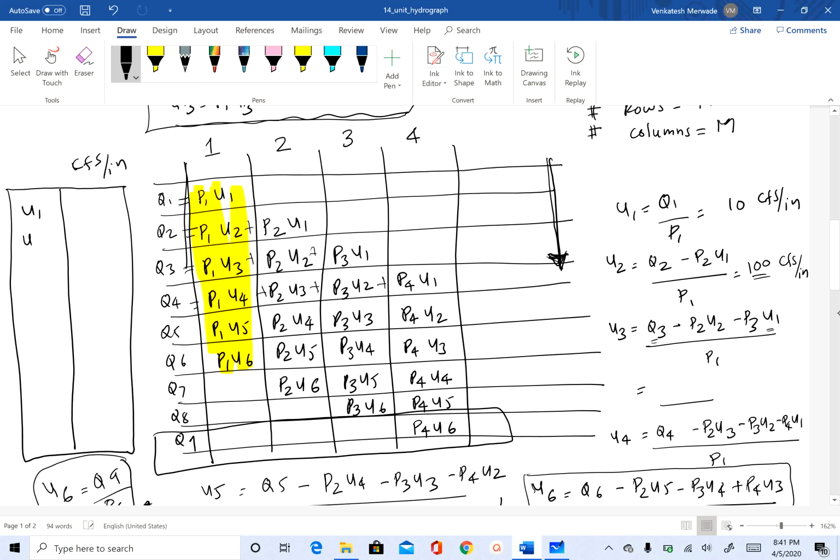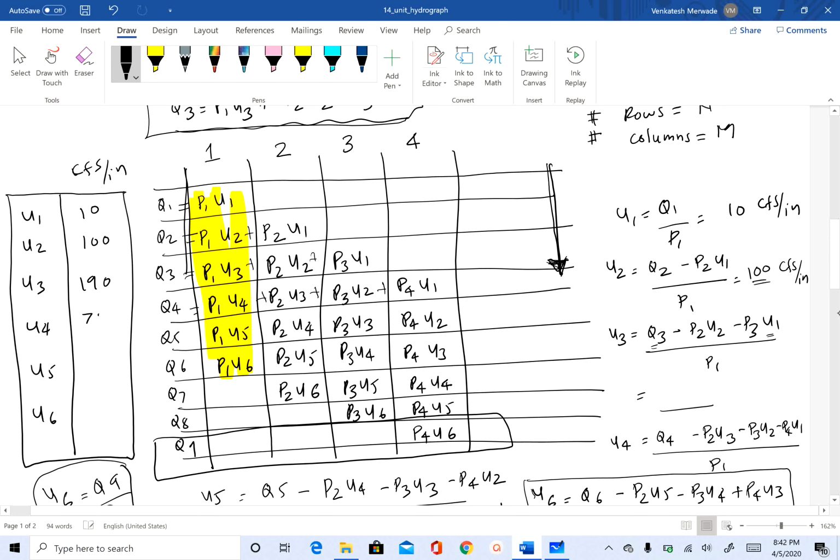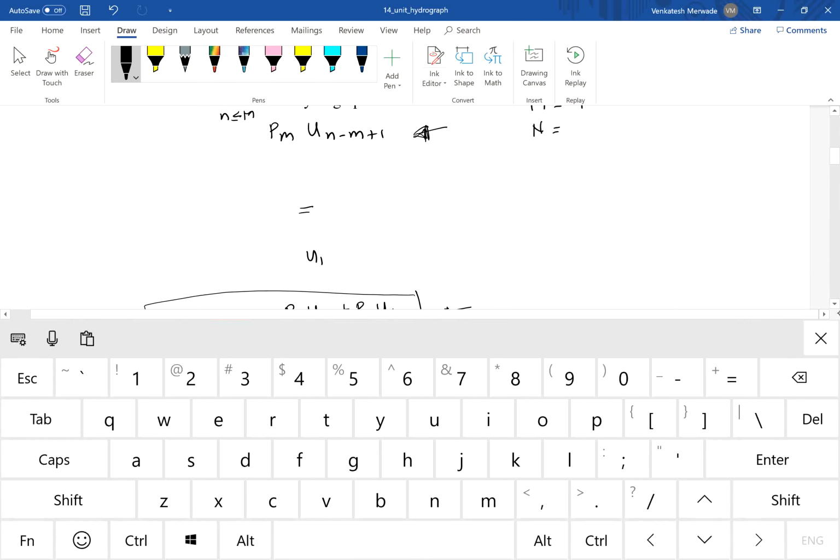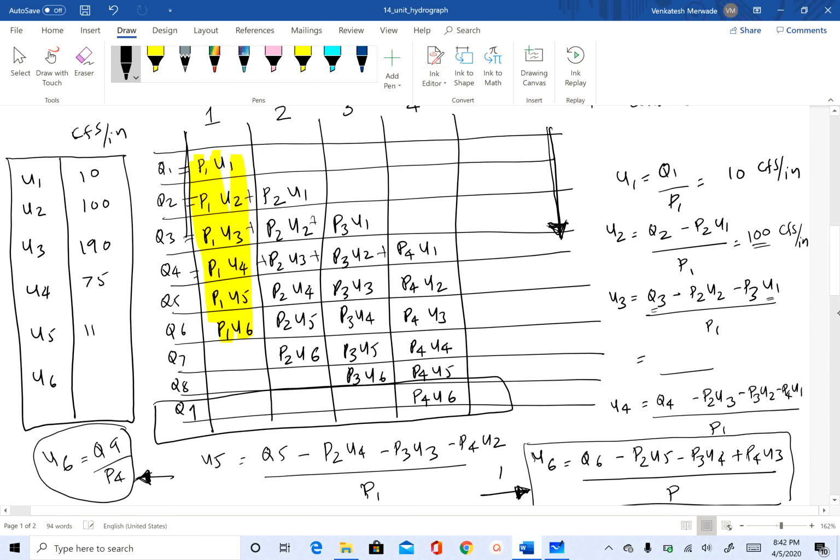So U1, U2, U3, U4, U5, U6. For U1 I got 10. For U2 I got 100, which we already did here. For U3 I have 190. For U4 I have 75. For U5 I have 110, and for U6 I have 60.